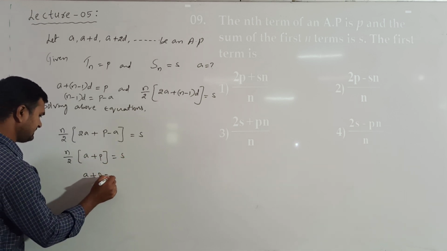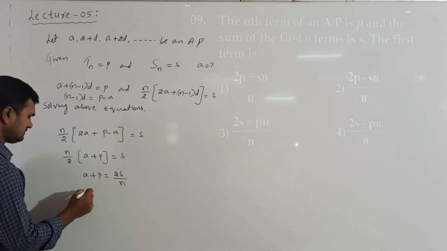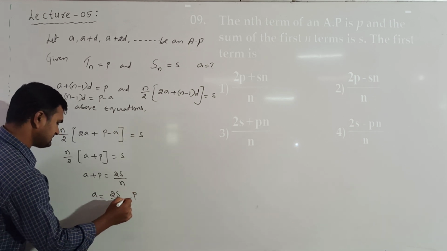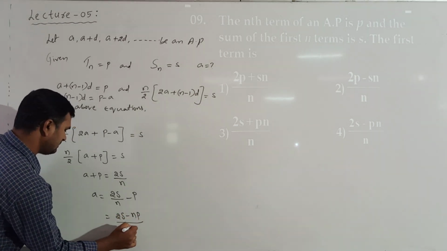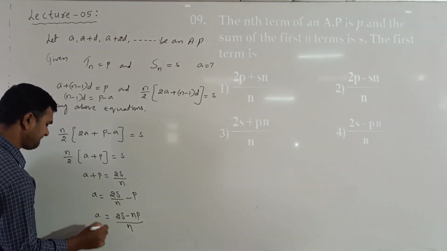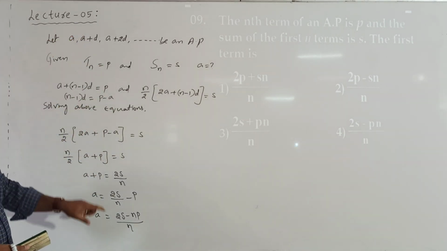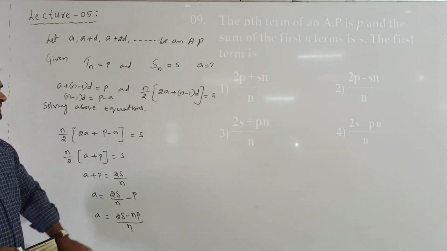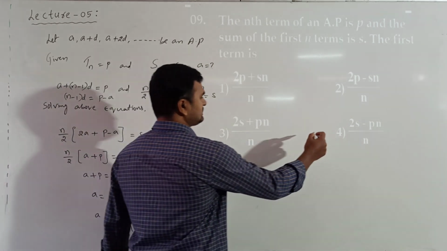So a plus p is 2s by n. So a will be 2s by n minus p, or we can write 2s minus np divided by n. So the required a, the first term of the AP, is 2s minus np divided by n. You can take the fourth option.